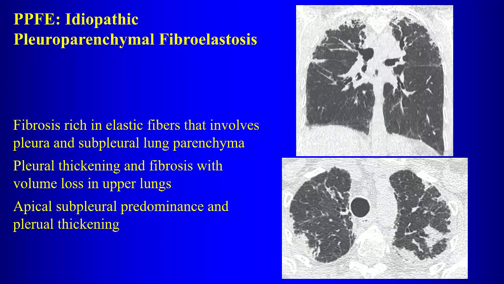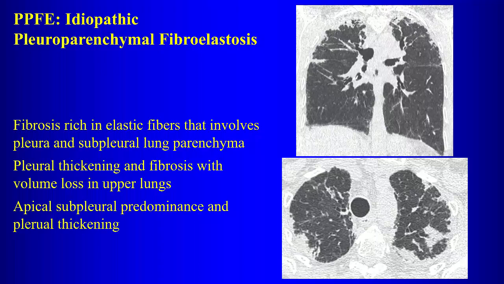The idiopathic interstitial pneumonia that gives you this upper lobe fibrotic change is PPFE, pleuroparenchymal fibroelastosis. This is the most recently discussed one. It's not a diagnosis you're going to make prospectively, right? So you see a CT or an imaging finding with these kinds of changes. What are the diseases you're going to suggest? TB, you might think about upper lobe fibrotic disease. What else?